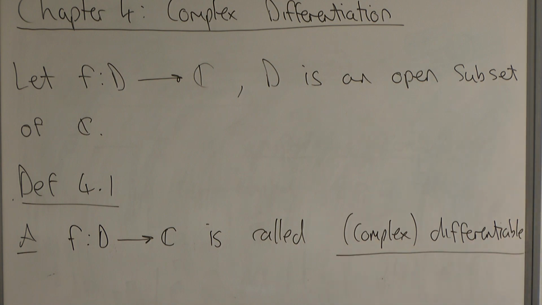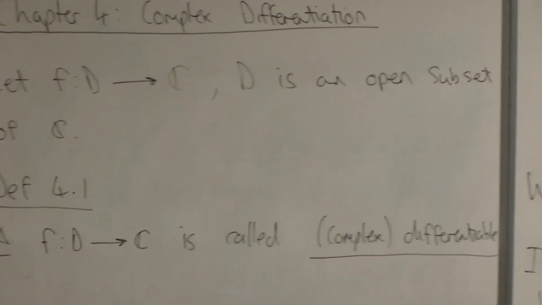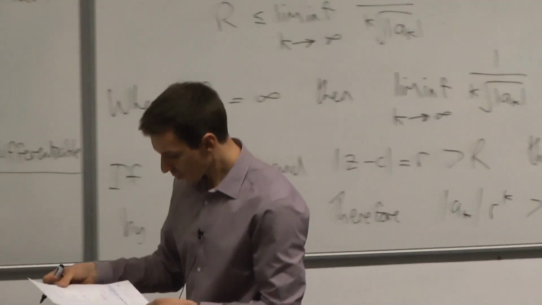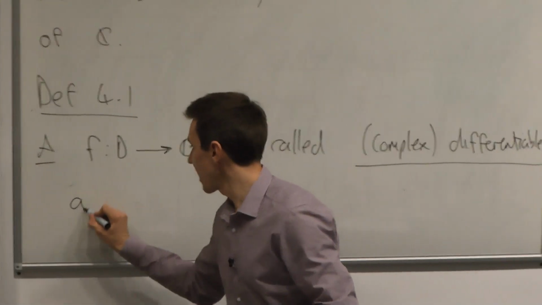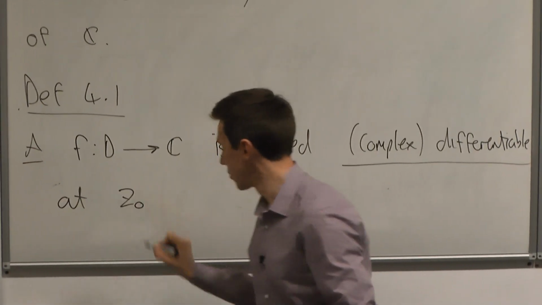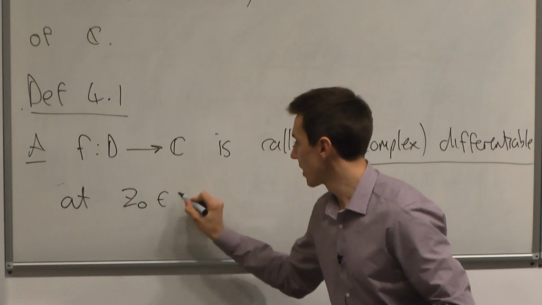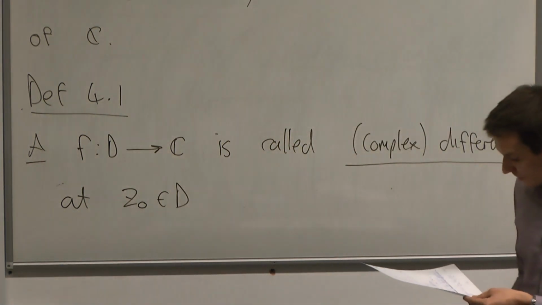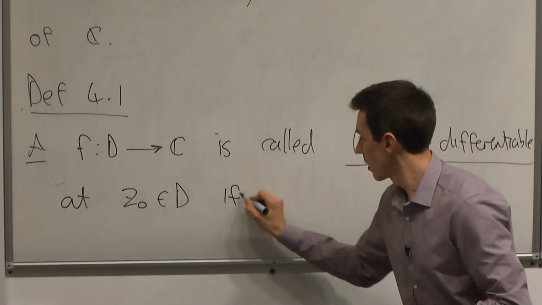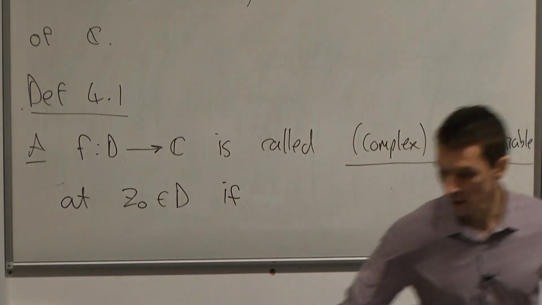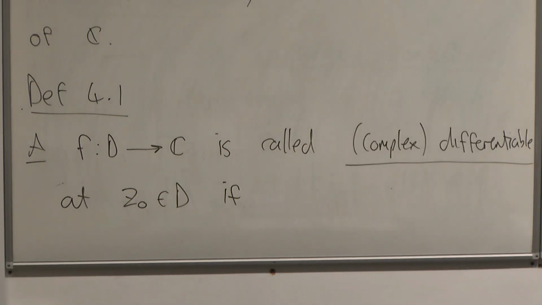I put complex in brackets, so if it's clear from the context, then it's okay to say differentiable. If not, say complex differentiable. And this is at the point z0, which clearly must be in D. And this is if the following limit exists.